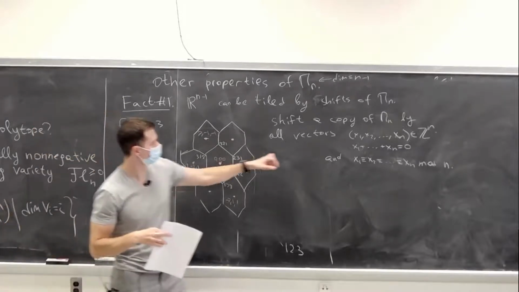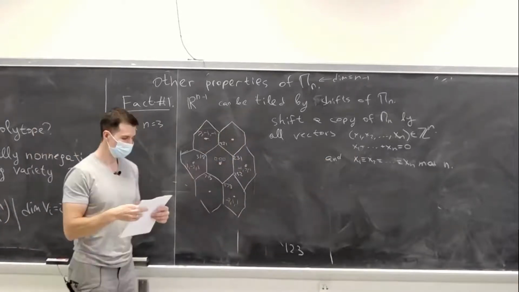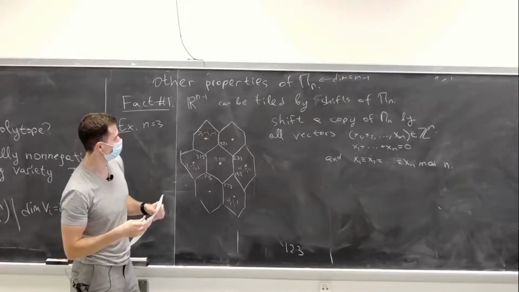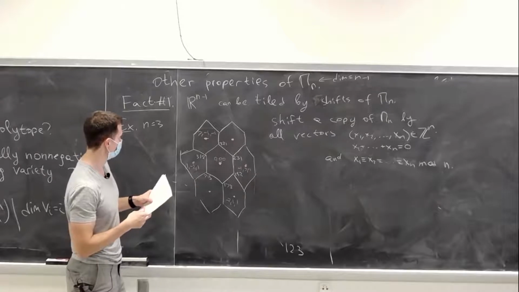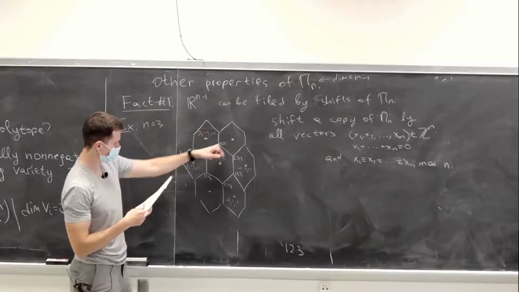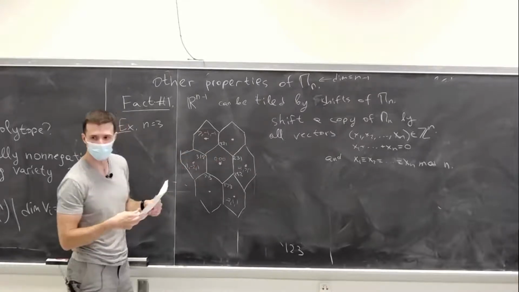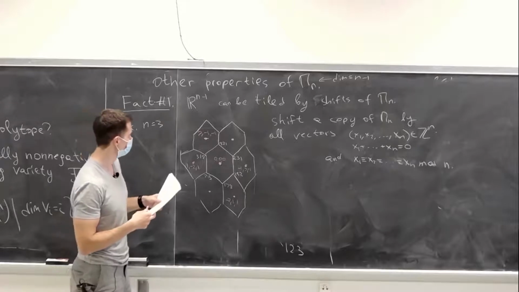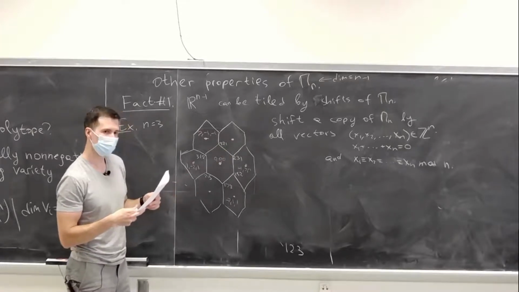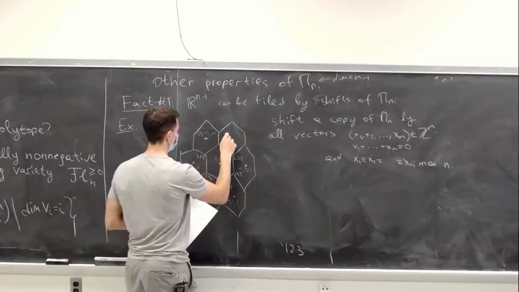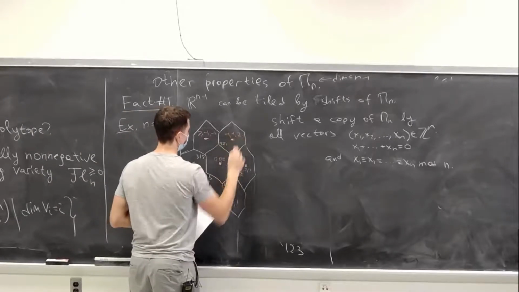So 1, 1, 1 does not sum up to 0. 0, -3, 3 is, well, that's actually interesting. Where is 0, -3, 3? Do you think it's over here? Far away. Okay, what's this one then? -1, -1, 2. Okay.